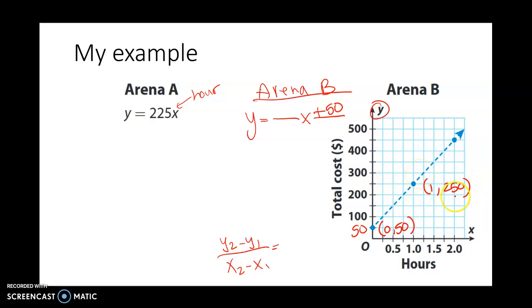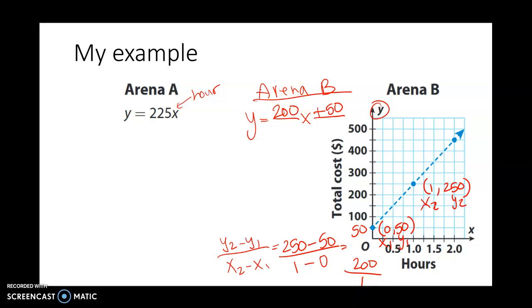So my y2 is 250, minus y1 is 50, and my x2 is 1, minus x1 is 0. 250 minus 50 is 200, and 1 minus 0 is 1, so it's 200. So my arena B equation is y equals 200x plus 50.